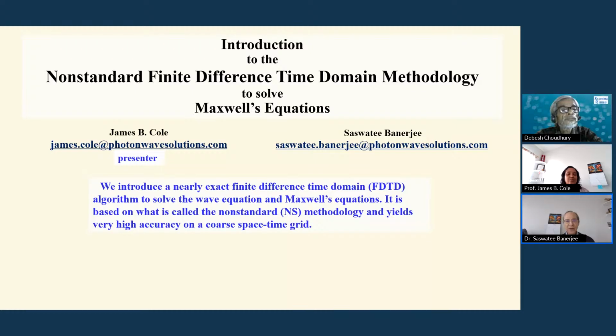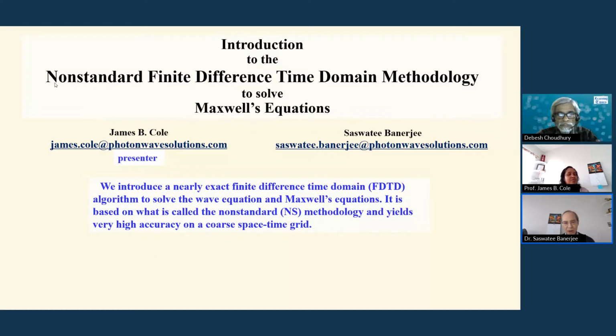Perhaps you have heard of the finite difference time domain methodology, and it's a very popular method, very useful method in solving practical problems. What I myself and Dr. Banerjee have developed is a new methodology called the non-standard methodology.